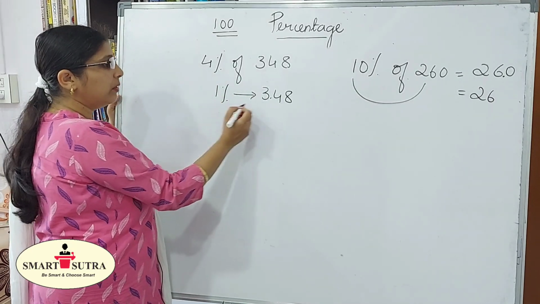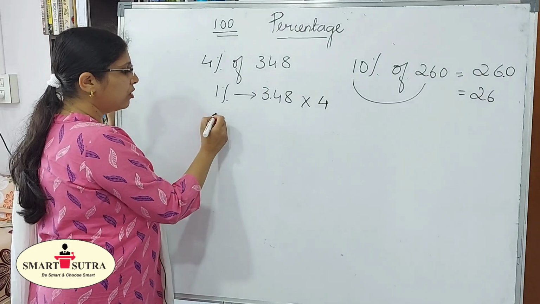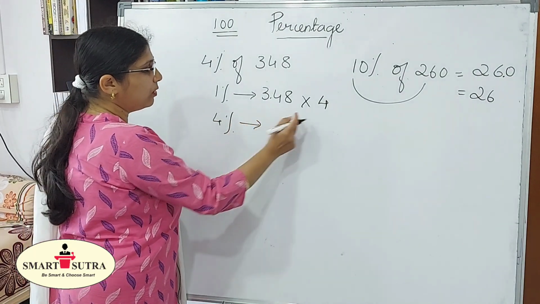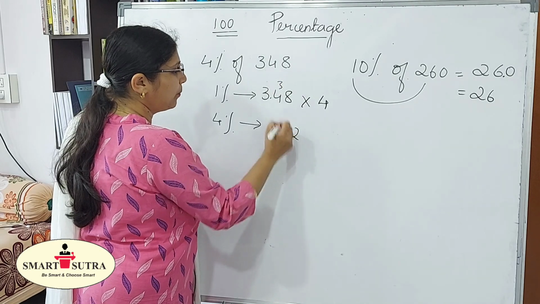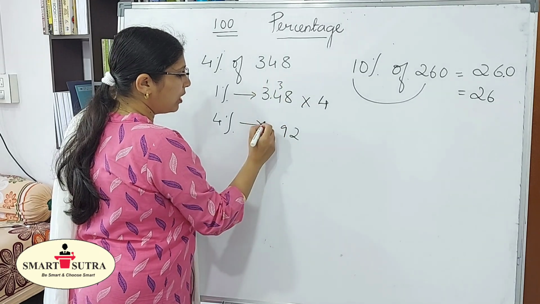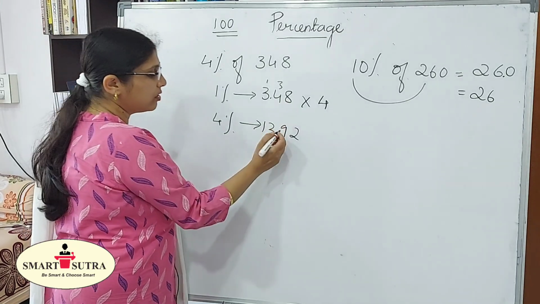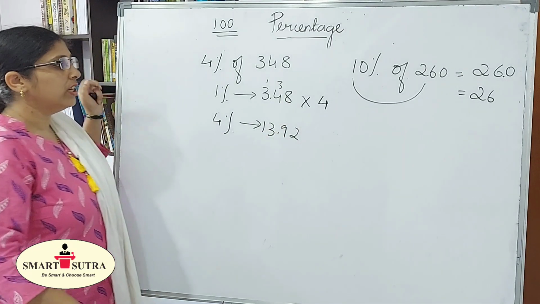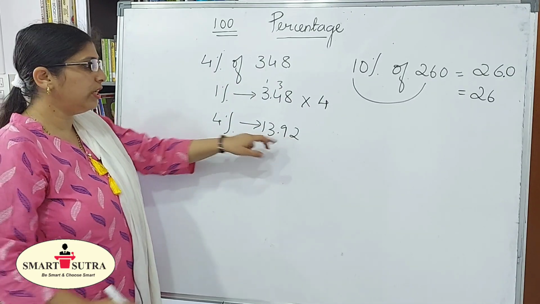So 4% means multiply this number by 4. 4 8s are 32, 4 4s are 16, 19, then 12 and 1, 13. Point after 2 places, so it is 13.92. So 4% of 348 is 13.92, easier.